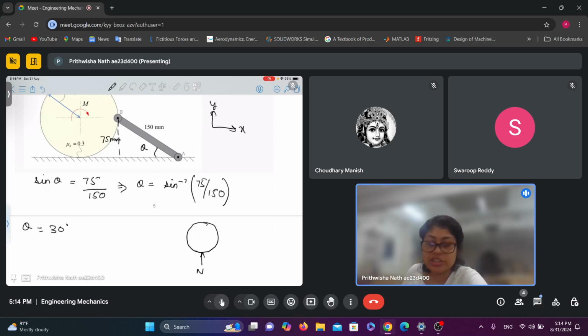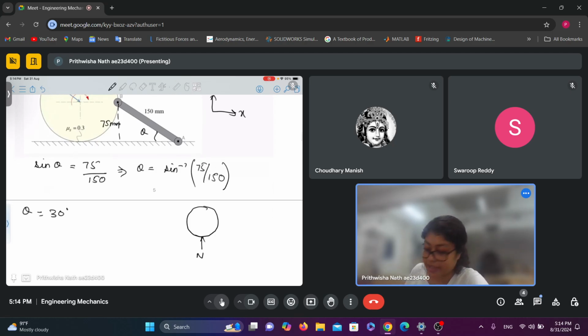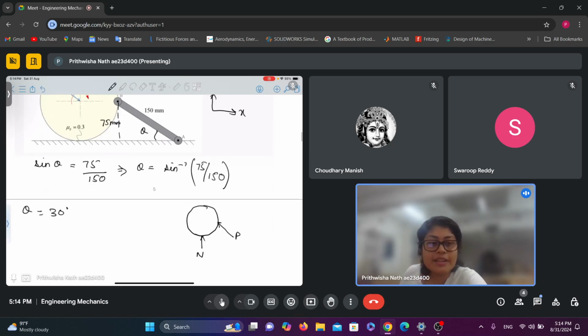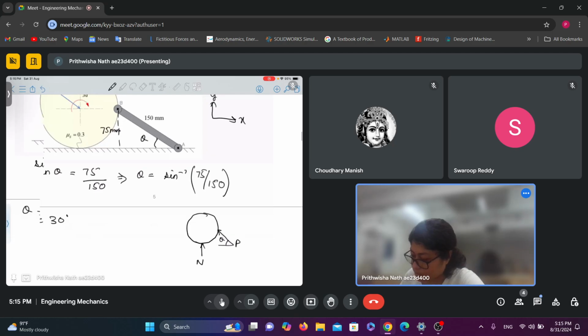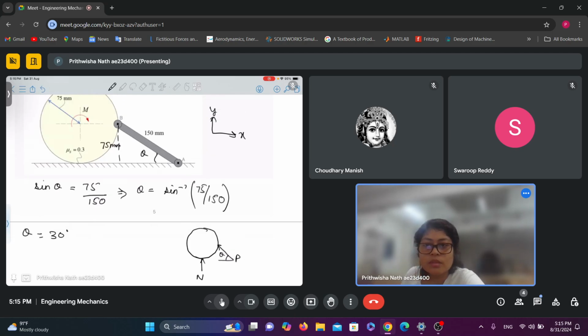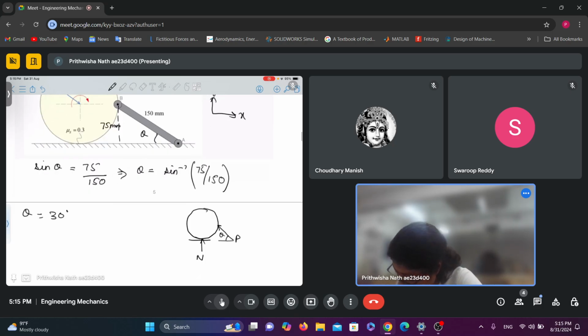Can you tell me which direction the friction force should be acting? Let this force be P. And can you tell me the direction of the frictional force? This is theta. Frictional force tries to resist the motion. So it should act in this direction, right?